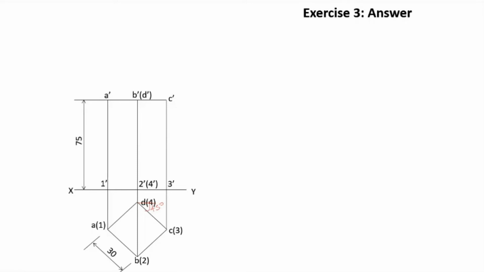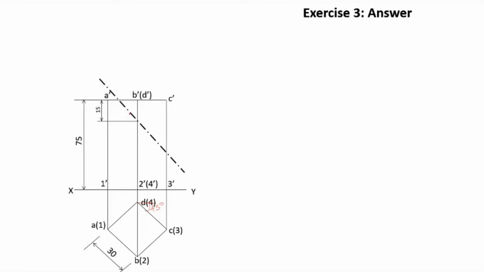Now the condition is 15 millimeter below the top. You have to mark a point 15 millimeter below the top. This is the point through which the section plane will be passing. And now the section plane is making an angle of 60 degree with the horizontal plane. So we draw a line which is making an angle of 60 degree with the horizontal.